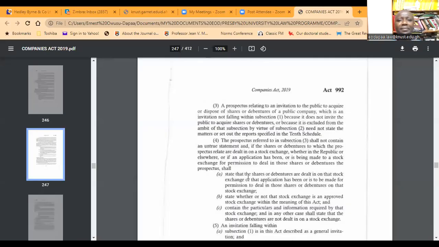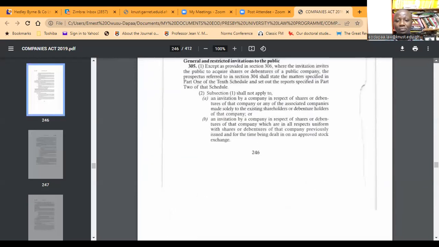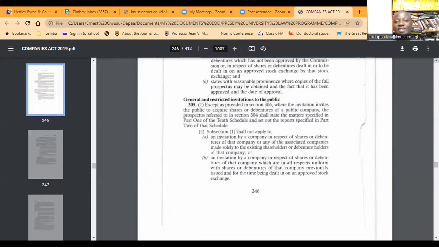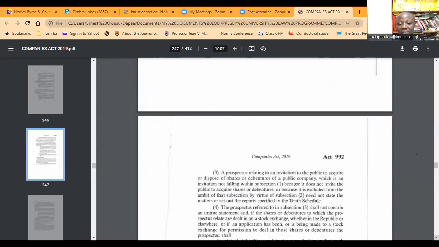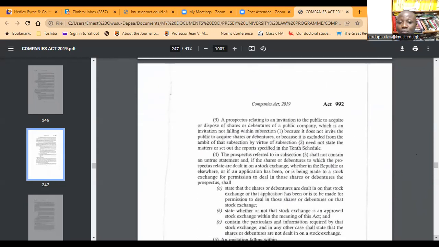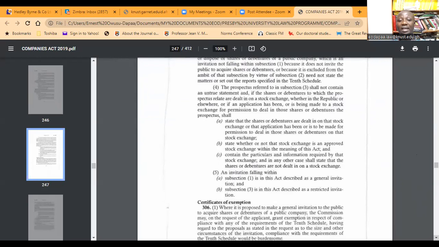So if you look at the Companies Act 2019, Act 992, if you look at section 305, for example, headed the invitation to the public, section 305 subsection 4 says that the prospectus shall not contain an untrue statement.